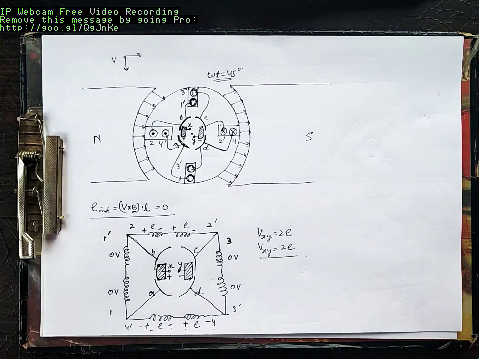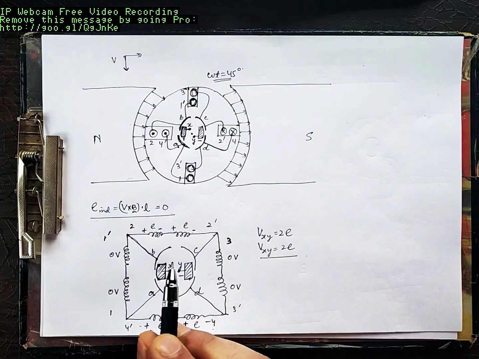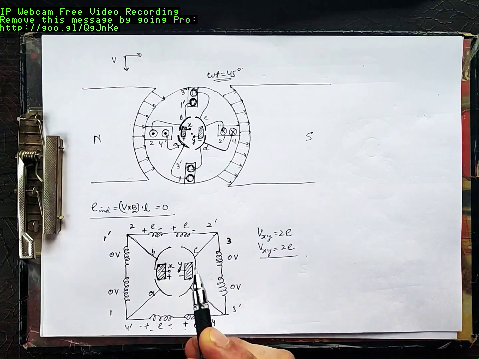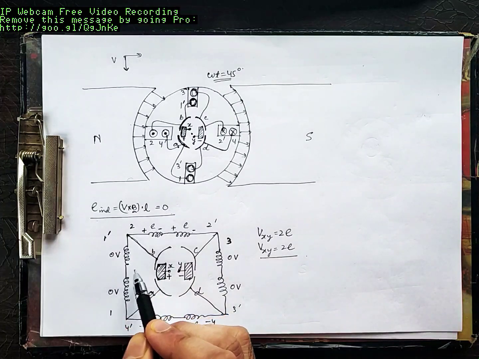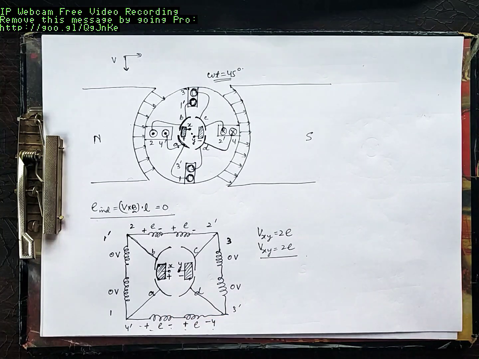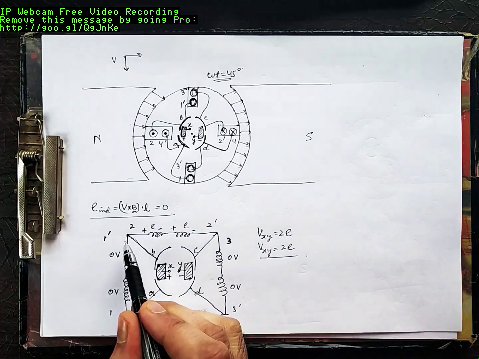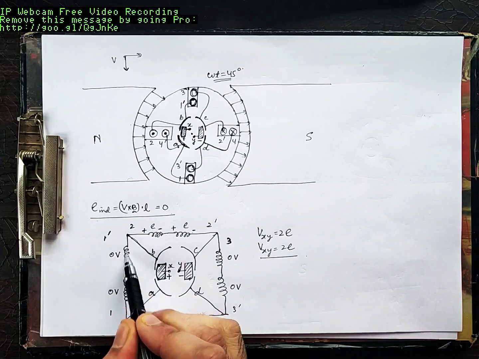This means whenever the brushes short circuit any of the coils in an ideal DC machine, that coil has voltage 0 across it. When that coil has voltage 0 across it, there are no circulating short circuit currents.